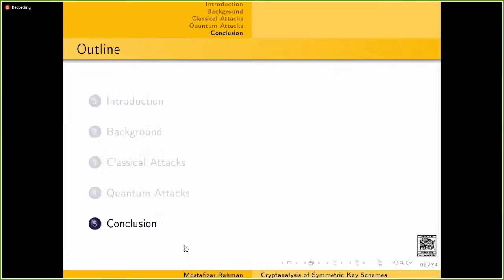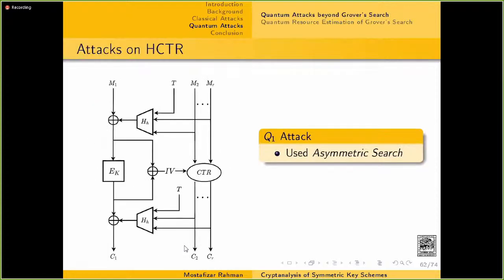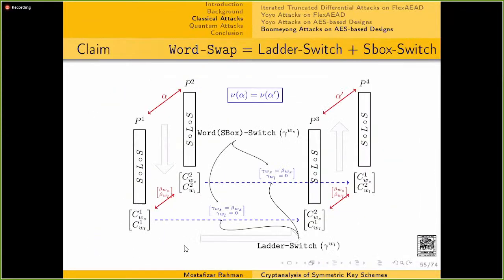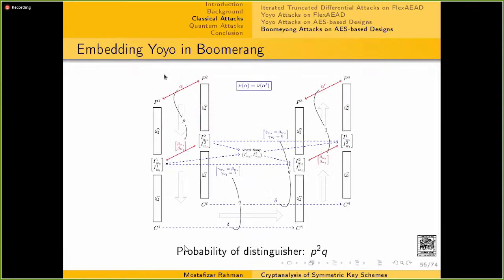Okay, so I'm moving to that slide. This framework is quite like the boomerang attack. But for the boomerang attack, we need to pay the probability P^2 Q^2. We are following the same framework, but here the probability is increased: instead of P^2 Q^2, the probability is P^2 Q. But the main problem, as I have already mentioned, is that till now we have only been able to identify simple U1 layers.